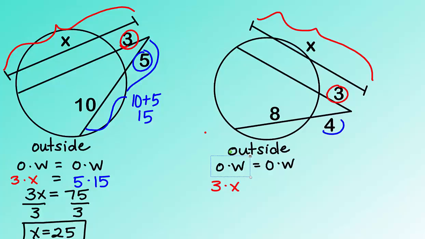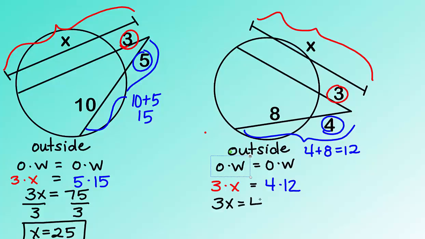And then I have an outside of 4 and a whole of 12. So I get 3x is equal to 48, or x is equal to 16.